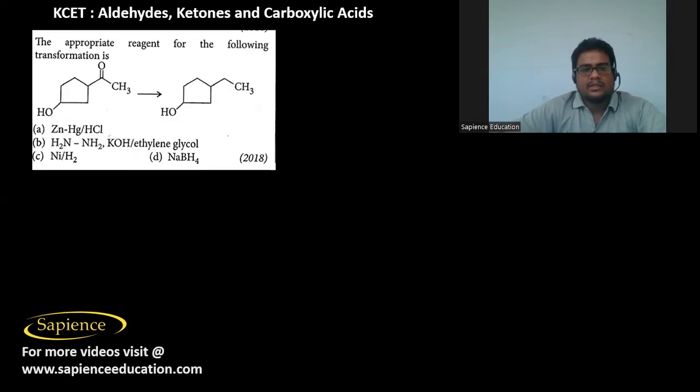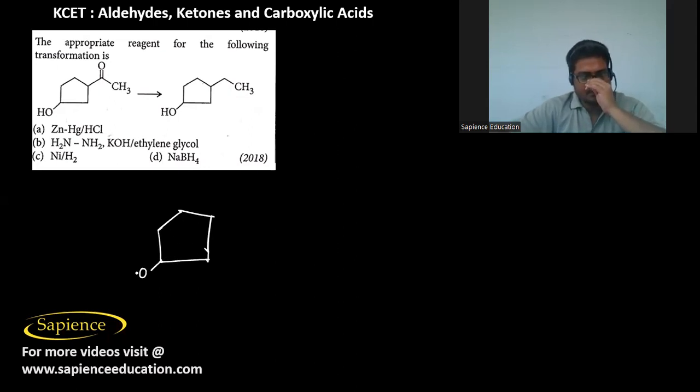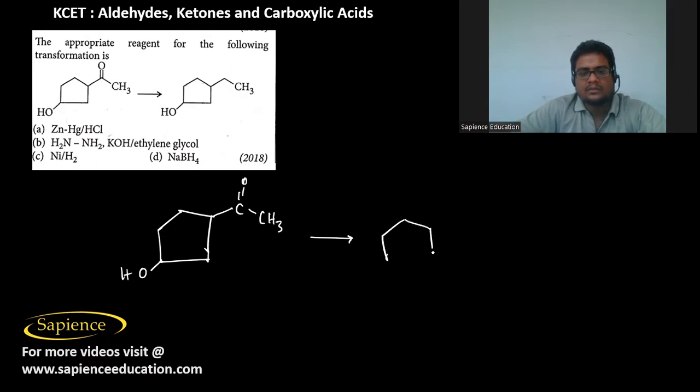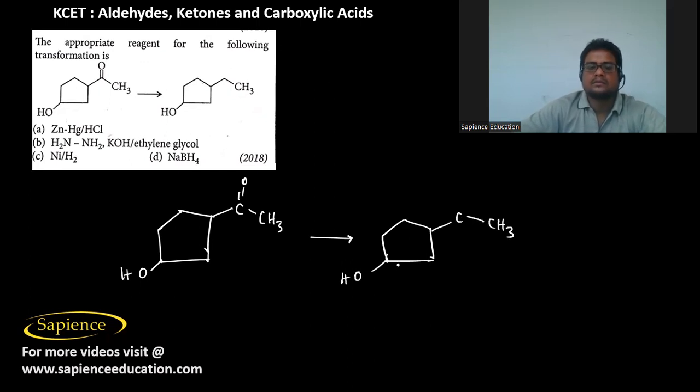Then it is told the appropriate reagent for the following transformation is. So here this is cyclopentane. Here we have an OH group and here we have a COCH3 group. And we want to convert this into this. It means that we want to remove this oxygen.